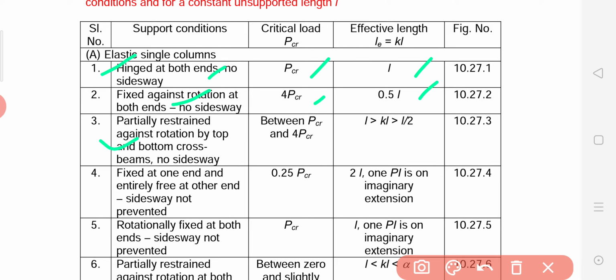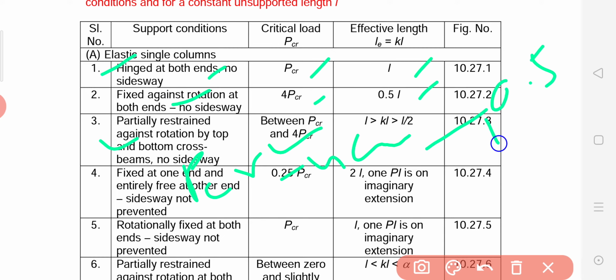When partially restrained against rotation by top and bottom cross beams, no sideway, then we take the critical load between PCR and 4 PCR and effective length from 0.5 to 1.